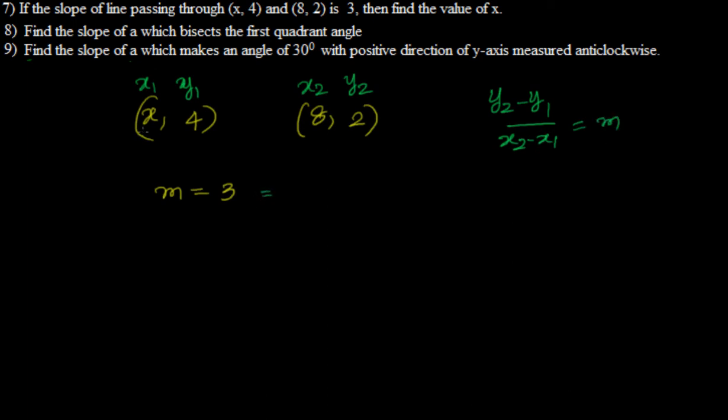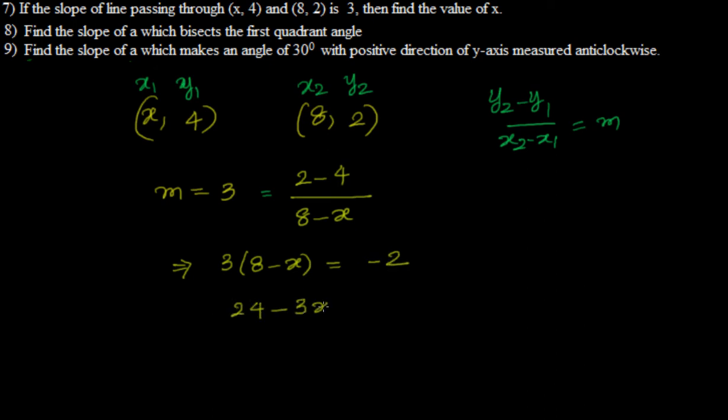So 3 is equal to y2 minus y1, that is 2 minus 4, divided by x2 minus x1, that is 8 minus x. So if you simplify that, you will have 3 into 8 minus x equal to minus 2, or 24 minus 3x equal to minus 2, or minus 3x equal to minus 26, or x equal to 26 by 3.